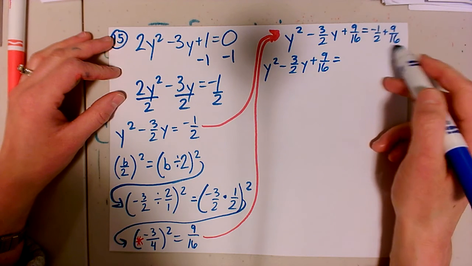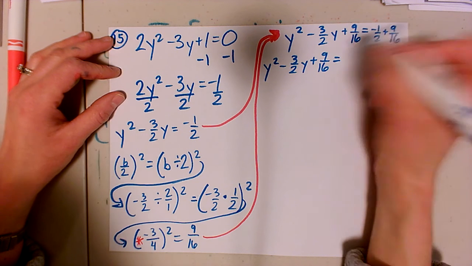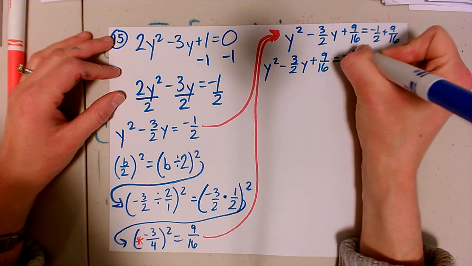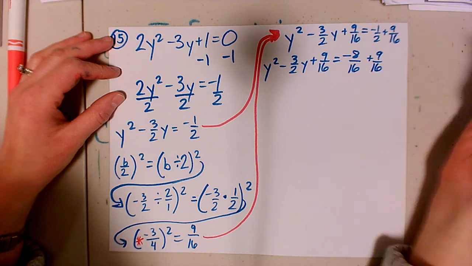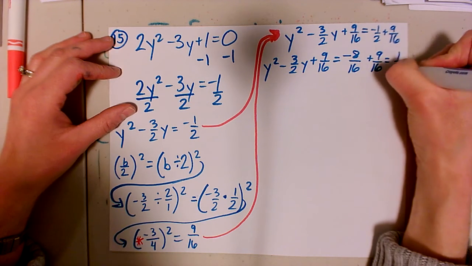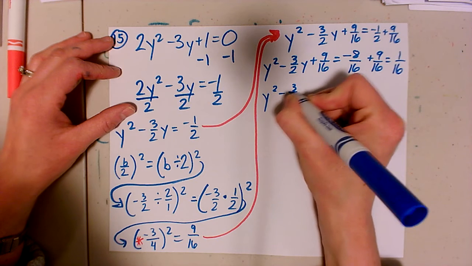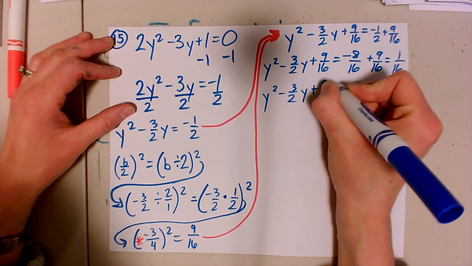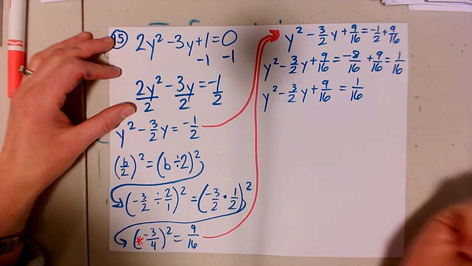Now, negative 1/2 plus 9 over 16, we want to have the same denominator. So negative 1/2, let's turn that into negative 8 over 16 plus 9 over 16. So then this is going to turn into 1 over 16. So what I have is y squared minus 3/2 y plus 9 over 16 is a positive 1 over 16.